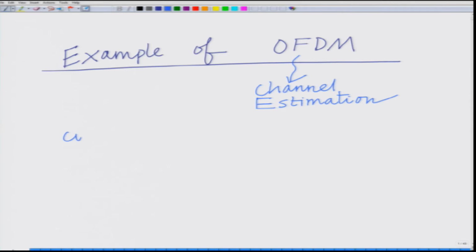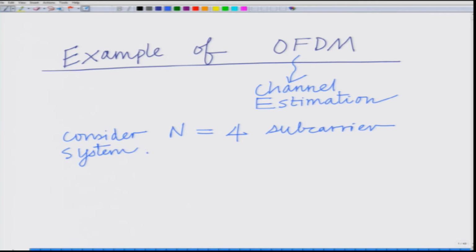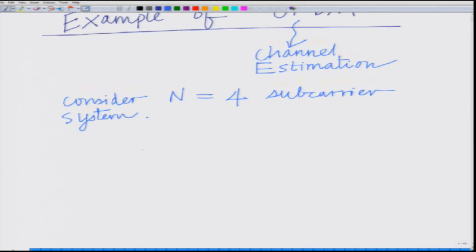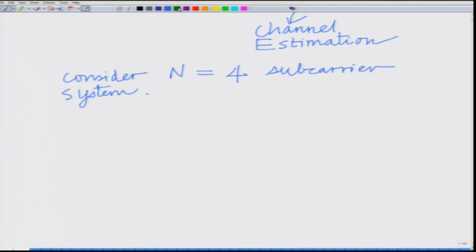Similar to what we have seen in the previous modules, consider an N equal to 4 subcarrier system, and therefore we have 4 symbols loaded onto the subcarriers, 4 pilot symbols.